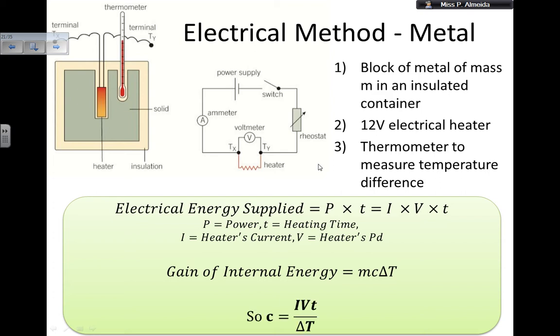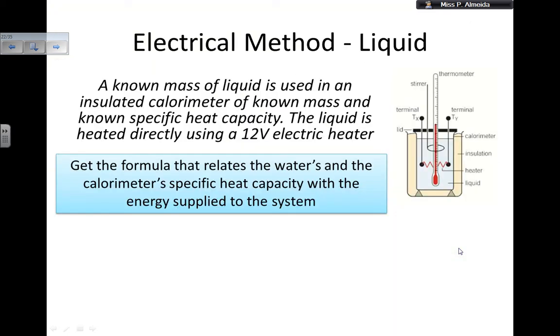So again, making the electrical energy supplied equal to the gain of energy, I'm going to get the formula for C, and that's going to be I, the current, times V, the voltage, times T, the time, divided by delta T. And again, you can have the M there, the mass. I think this is because the mass was 1 kilogram for the block, but you can have the mass in there, okay?